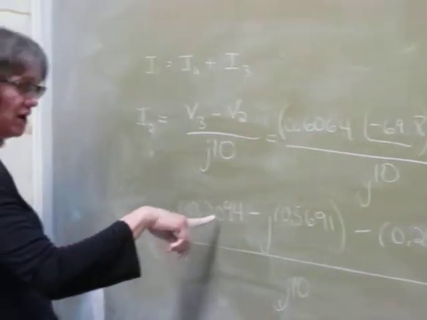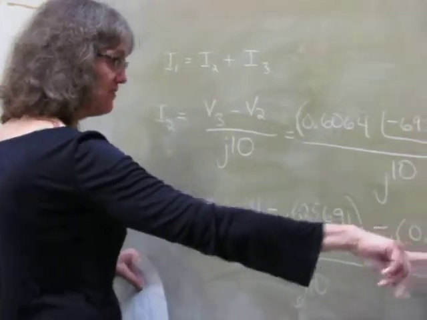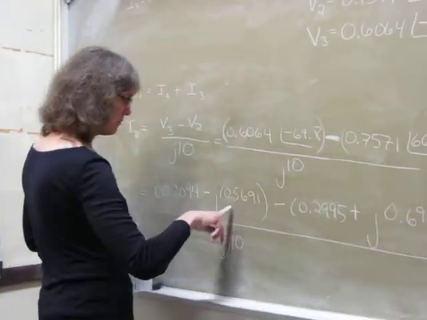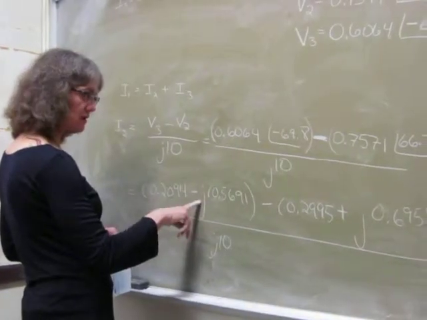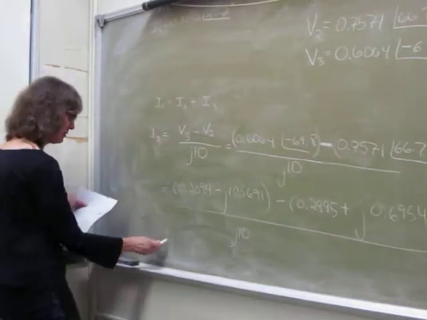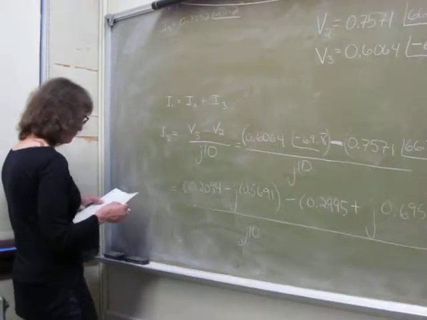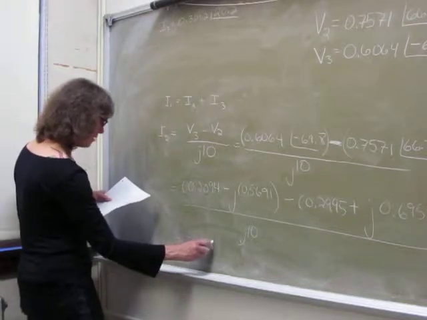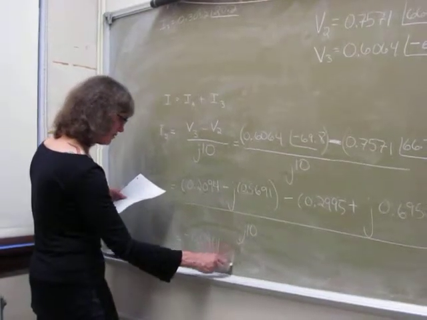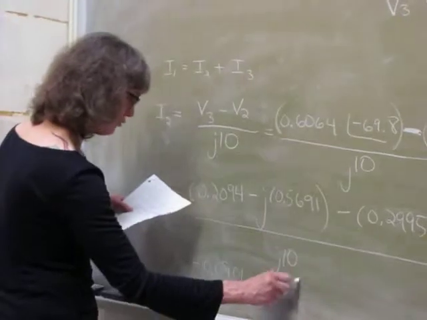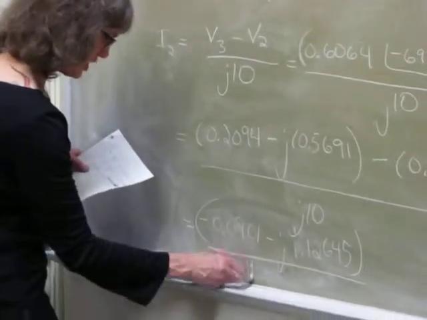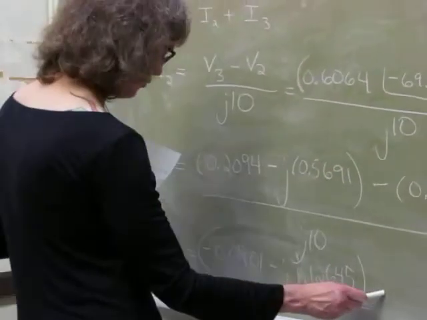You subtract this number from this number, subtract this from this, j is going to be the factor, and what you'll end up with is 0.0901 minus j times 1.12645 all over j10.